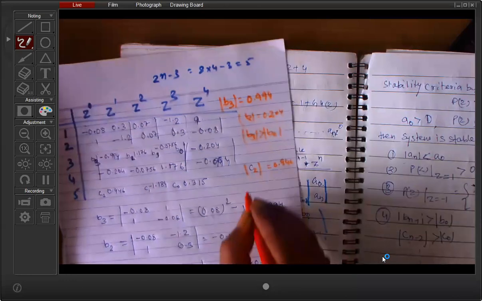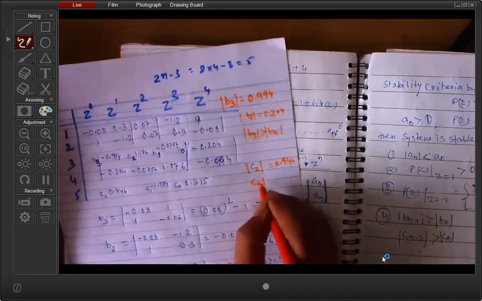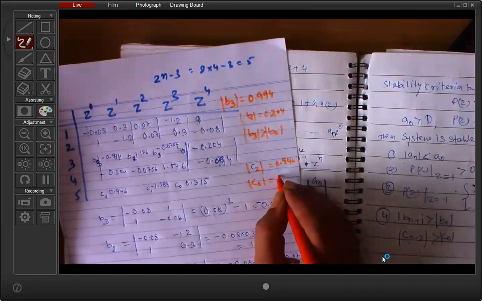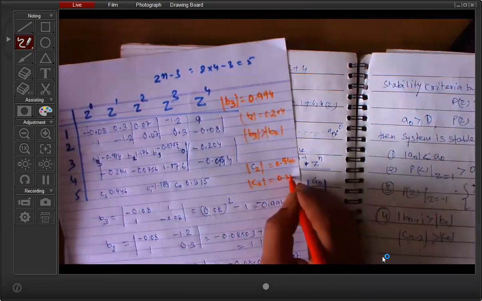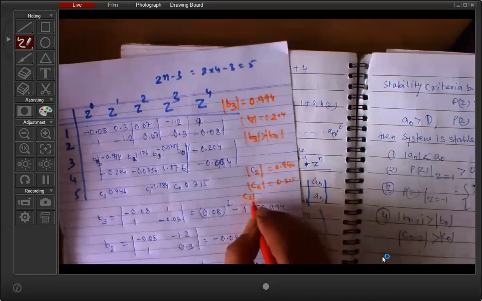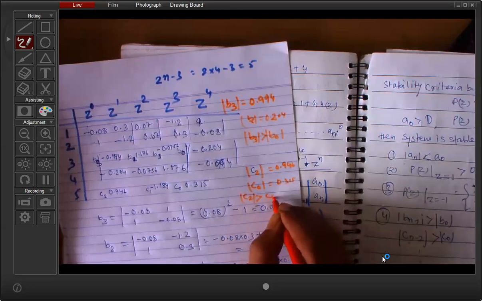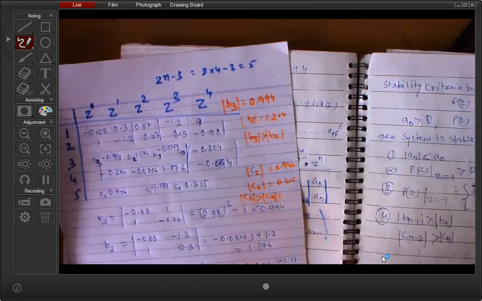0.946. And what is the magnitude of C0? 0.315. Does it satisfy the condition of the Jury stability test? Yes or no? Yes, sir.